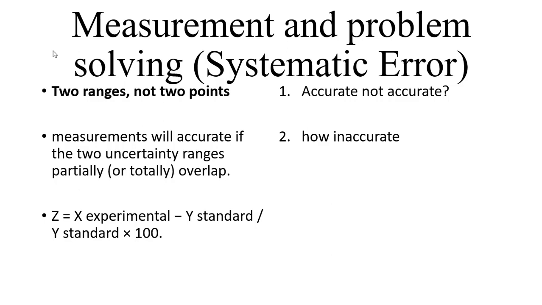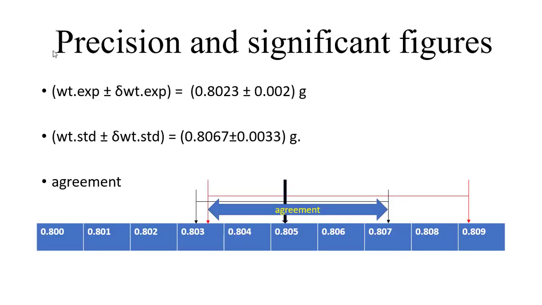Let's take a closer look at how this works using weight. An experimental weight of 0.8023 plus or minus 0.002 grams is being compared to a scientific standard value of weight 0.8067 plus or minus 0.0033 grams. We see that the ranges of the measurements partially overlap, so we conclude that the two measurements are in agreement.